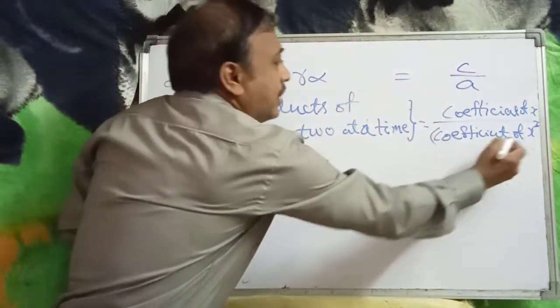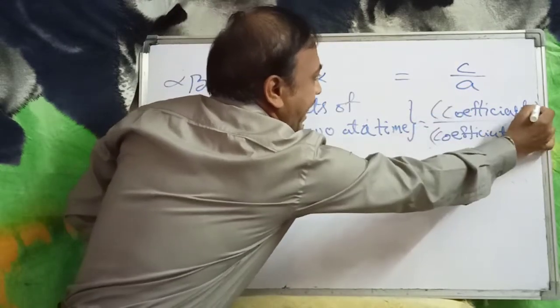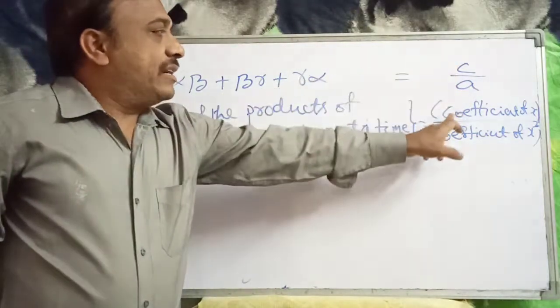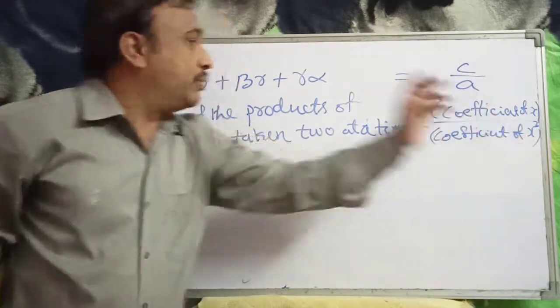Observe it. This is the coefficient of x and the coefficient of x cube. C is the coefficient of x, a is the coefficient of x cube.